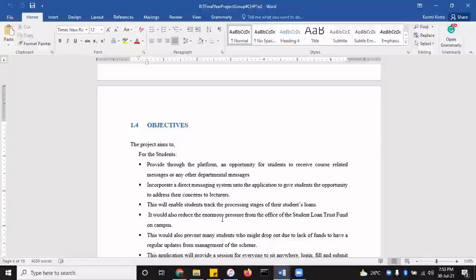So like I said, the how part becomes the objective. You telling me it would also reduce the enormous pressure, no, it would enable students to track, it's all part of the benefits. So make the how the objective.